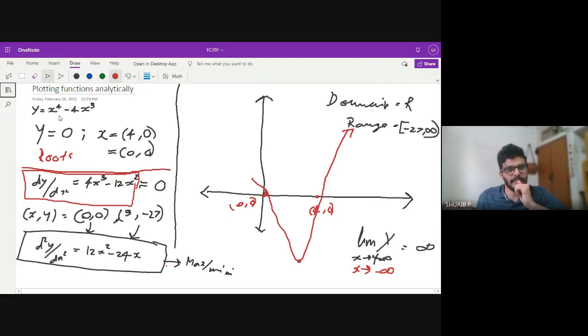Similarly, we will see x raised to 4 will be positive and it will be increasing, and x raised to 3 will be negative, but as it's minus 4x cubed, it will make the whole function positive. So it will also be increasing, which implies when x tends to minus infinity, y will also be tending to infinity.